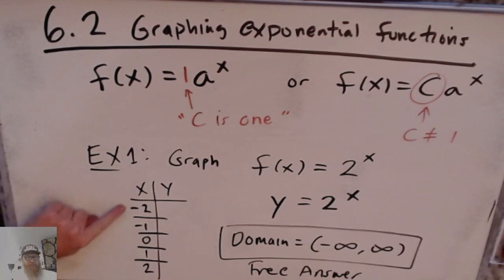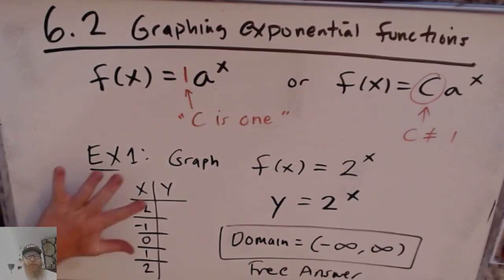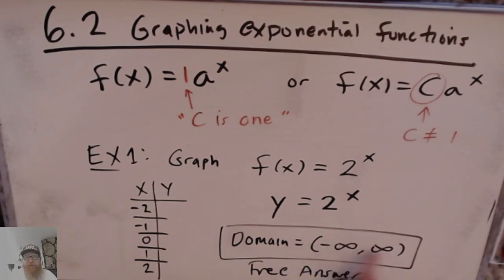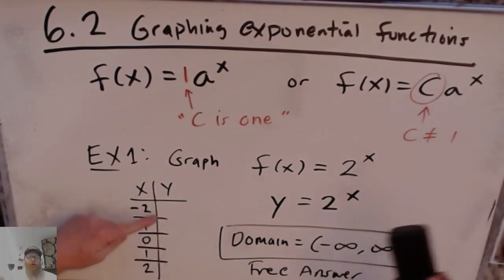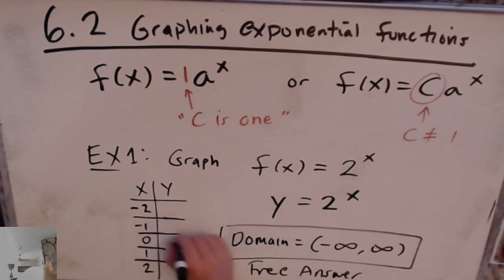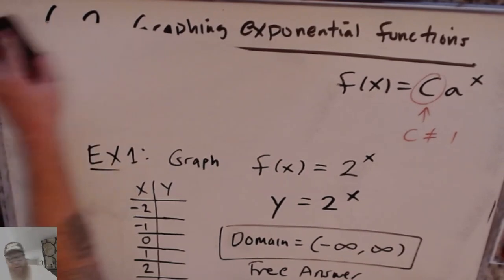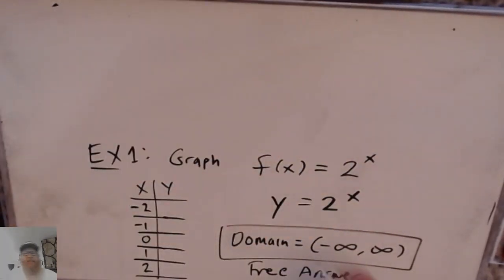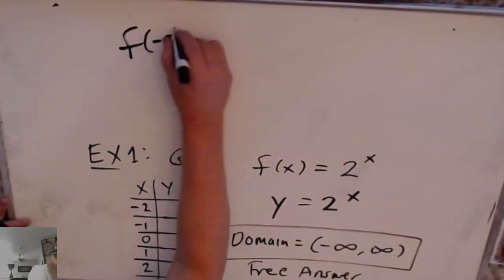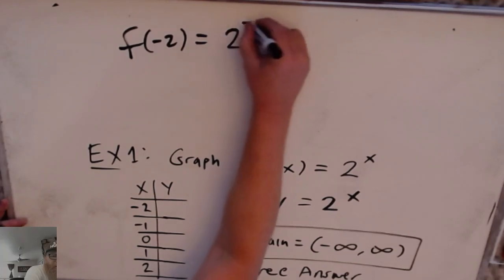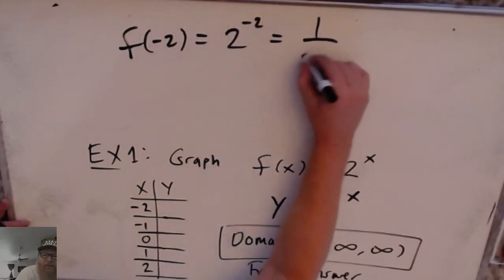Okay. This is what we call a subset of the domain. It's just 5 particular points out of infinitely many choices. You actually already have the y values if you look at your notes from yesterday. I'm going to reproduce them now, but they're exactly the same as they were yesterday. F of -2 is 2 to the -2.